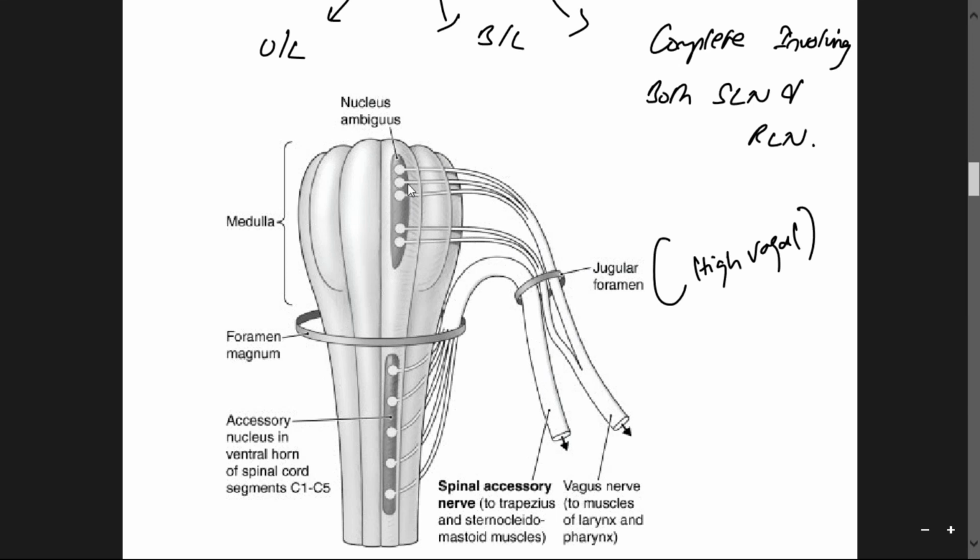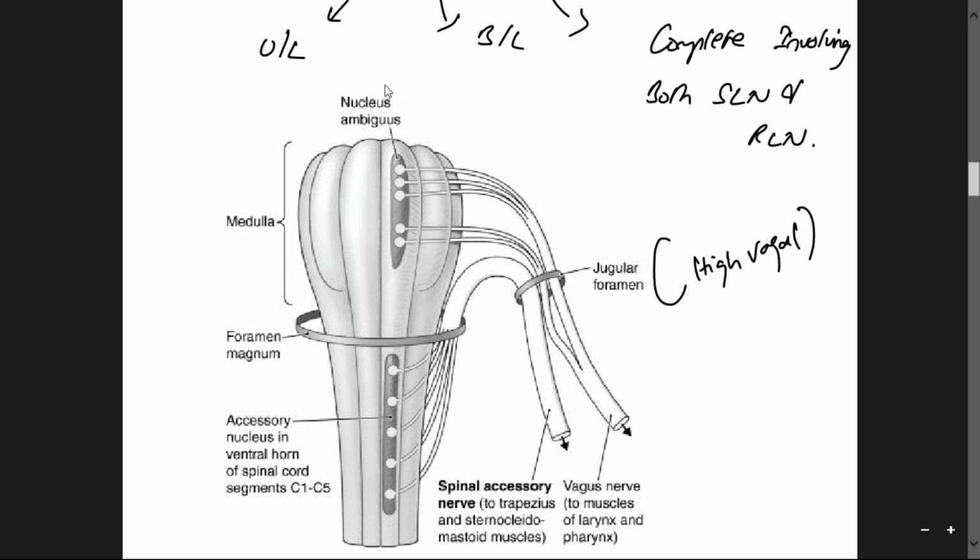This is the nucleus. So it can involve the nucleus or the supranuclear part. For example, above here will be the cerebral cortex, right? So anything involving the brain other than the nuclei in the medulla is called supranuclear.